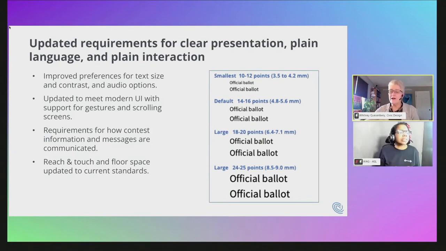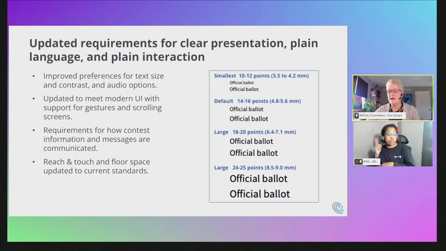We also updated and added gestures, paying very careful attention to what kinds of gestures would be allowed. So we wanted simple gestures that were well-known, that didn't require complex movements, and were easy to understand in the scope of a ballot. We added requirements for how messages and information are communicated, making sure that if there's a sound, there's a corresponding visual, and if there's a visual, there's a corresponding sound.